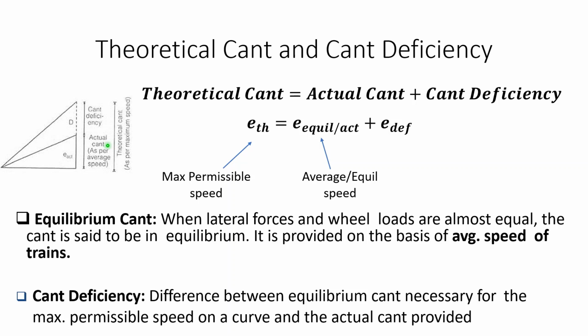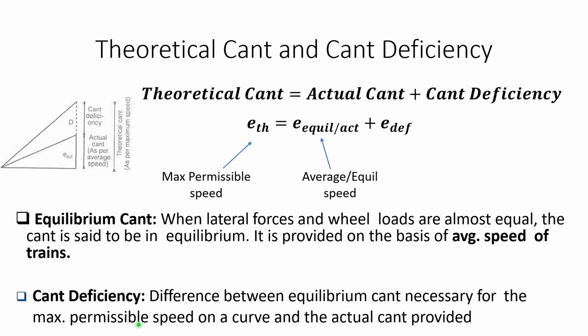So sometimes this actual Kant will vary from the theoretical Kant. This variation is what is Kant deficiency. So the theoretical Kant will be the actual Kant provided plus Kant deficiency, or Kant deficiency is nothing but the difference between the equilibrium Kant necessary for the maximum permissible speed on a curve and the actual Kant provided.